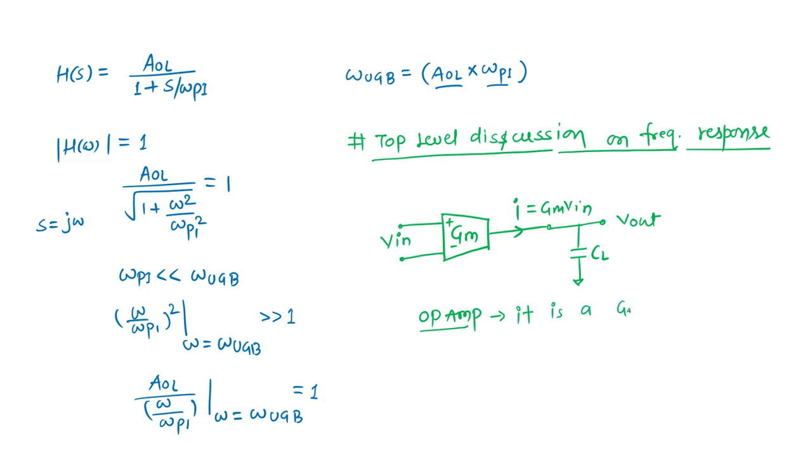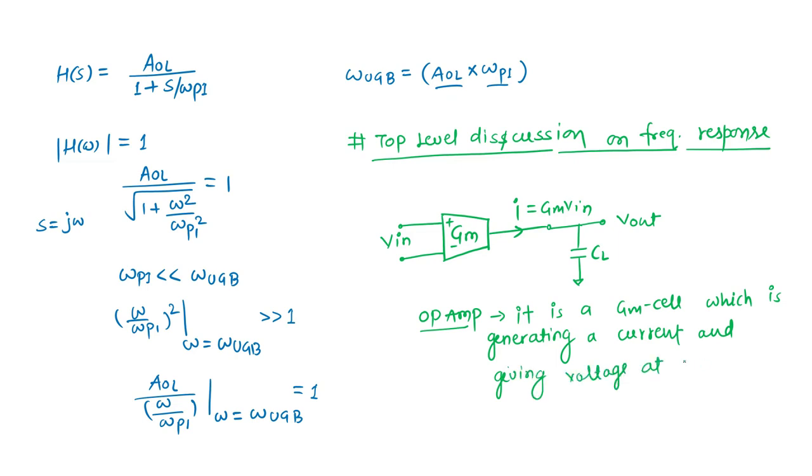It is a GM cell which is generating a current and giving voltage at the output after integrating this current using the load cap.